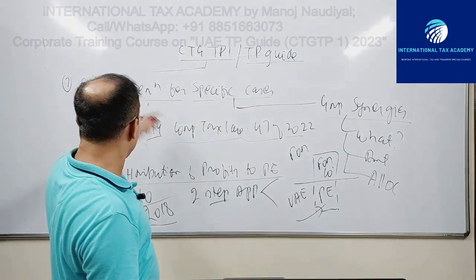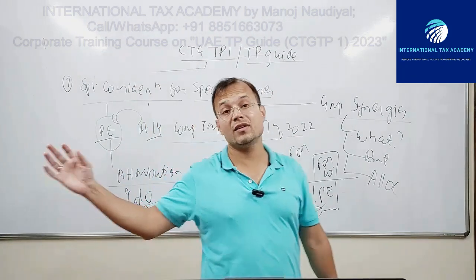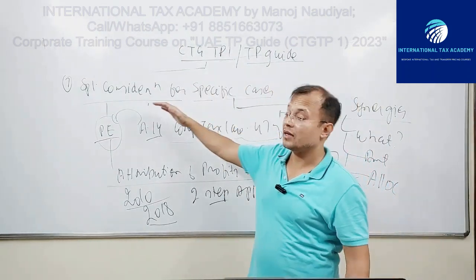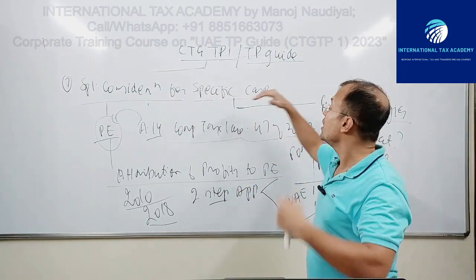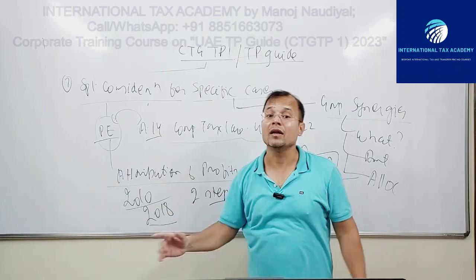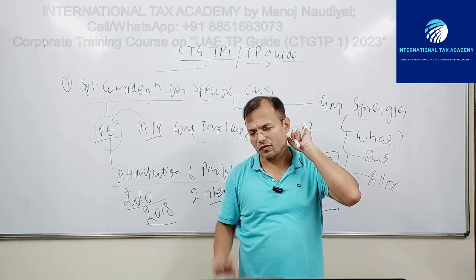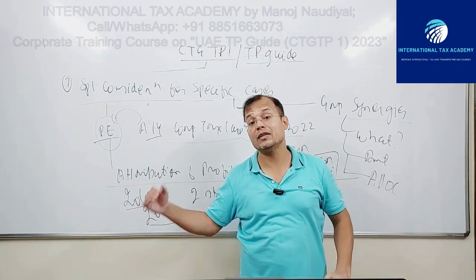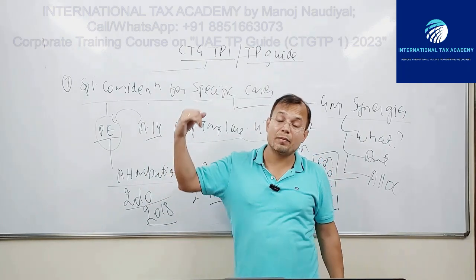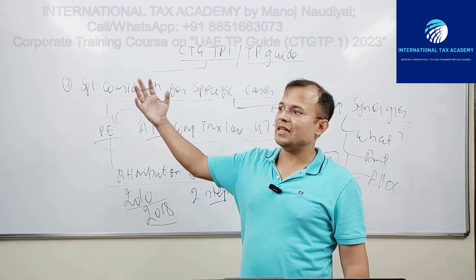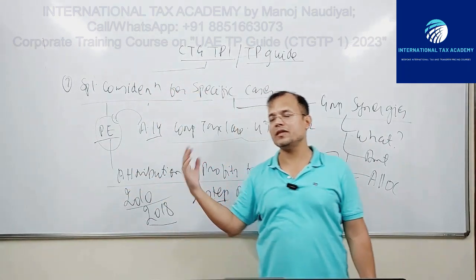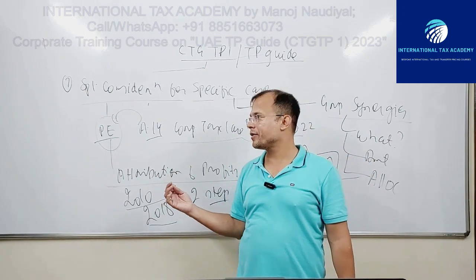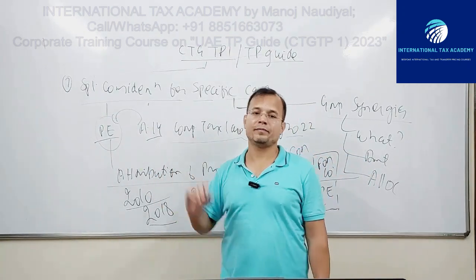All these different issues are present in special considerations for specific cases, that is Section 7, the most detailed section of this TP guide. As I told you, this is the applied TP, wherein the principles of transfer pricing that you have seen in Section 4 get applied.